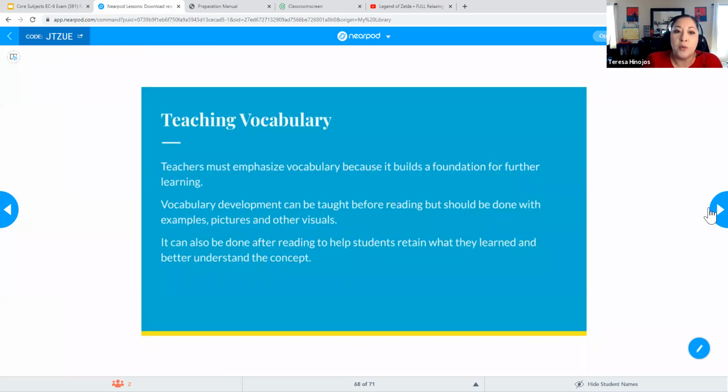And so when we're teaching vocabulary, we want to make sure that we are emphasizing the vocabulary, and that we're using that appropriate vocabulary so that we can build their foundation for further learning. It can be taught before the reading, or it can be taught after the reading. It kind of all depends on how you want to do it. If you'll notice in that very first little video clip, the teacher was teaching it during the reading.